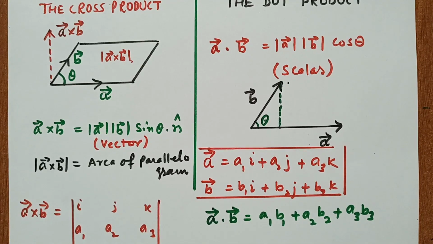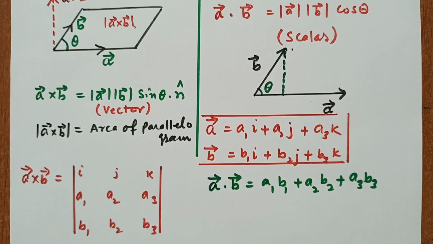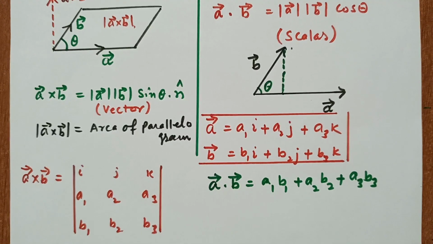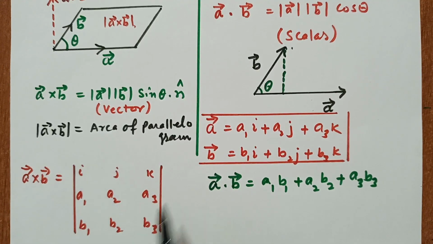You have seen this in earlier classes at school level, so this is very easy. And similarly, A cross B can be explained in determinant form.